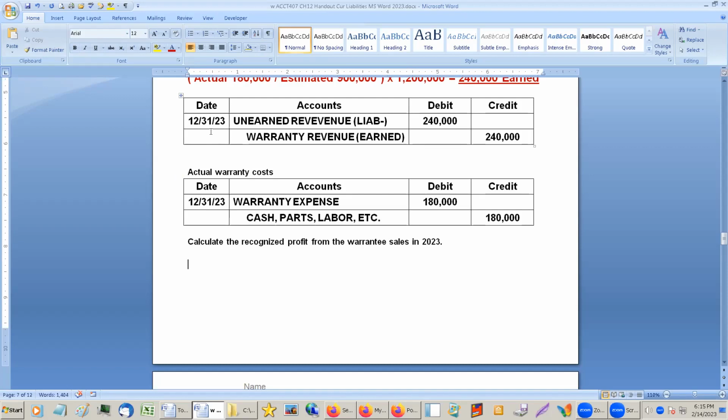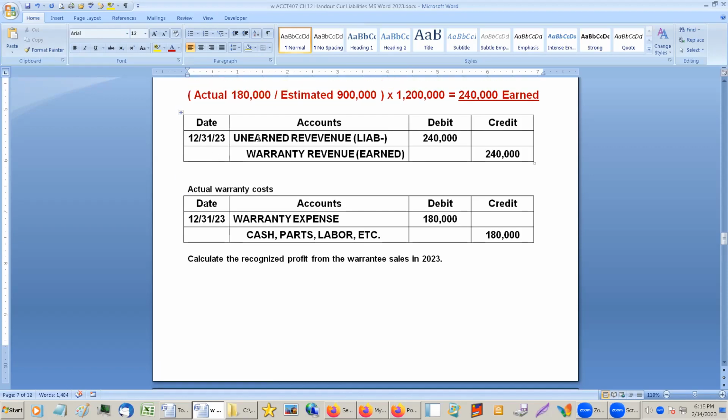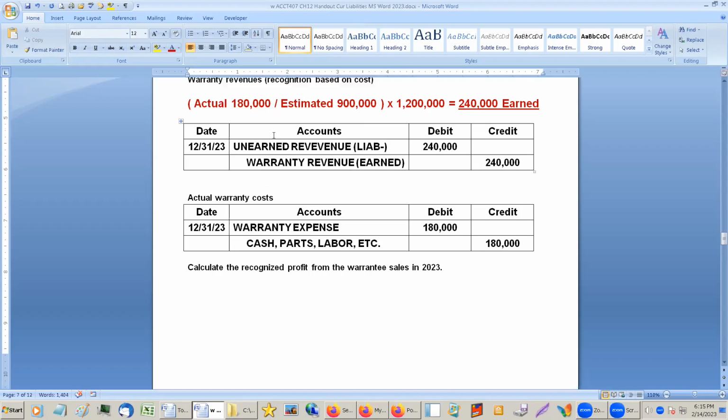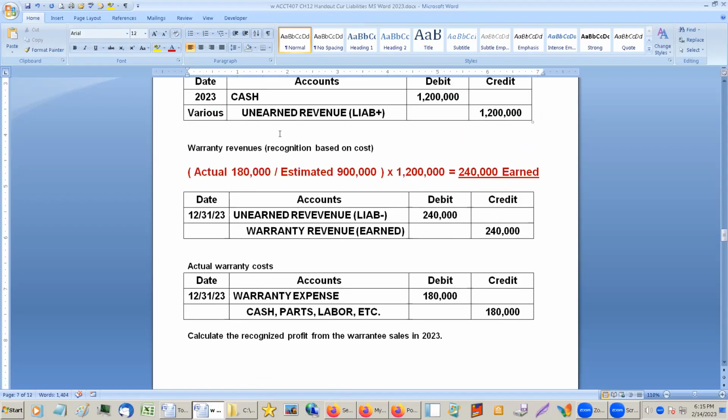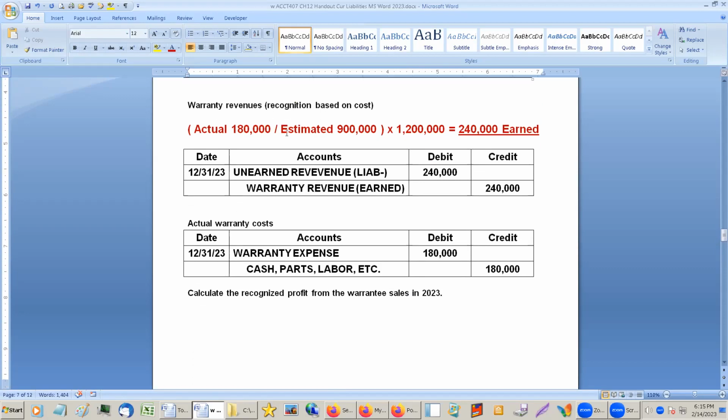Anyone? How much do we have in revenues? I'm not talking about unearned revenues, those are liabilities, but how much do we have in regular old revenues?